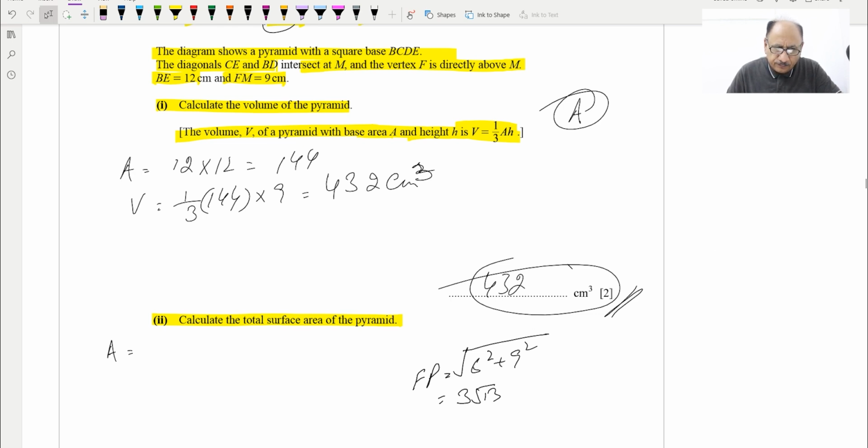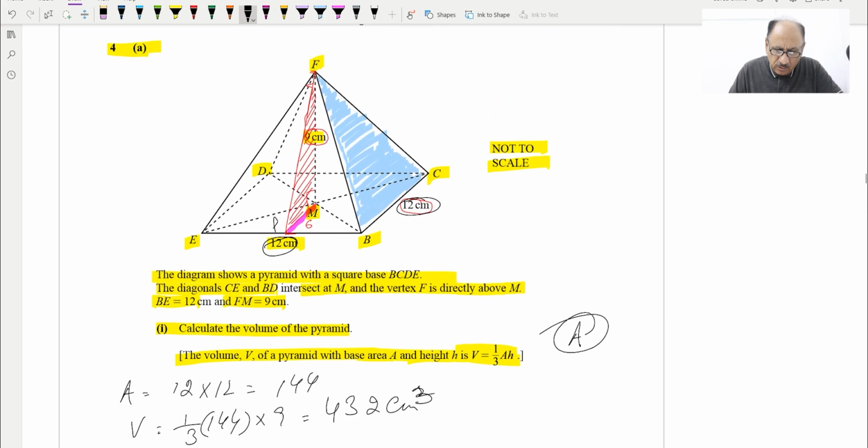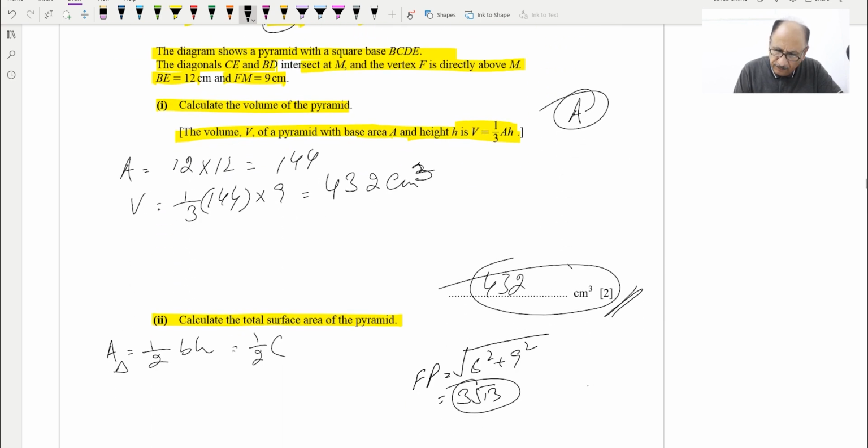Now we can calculate the area of the four triangles. So area of one triangle by using this FP, which is height basically. So half into base into height will be area of triangle, and this will be equal to half into base, base is basically 12, and height we have calculated.